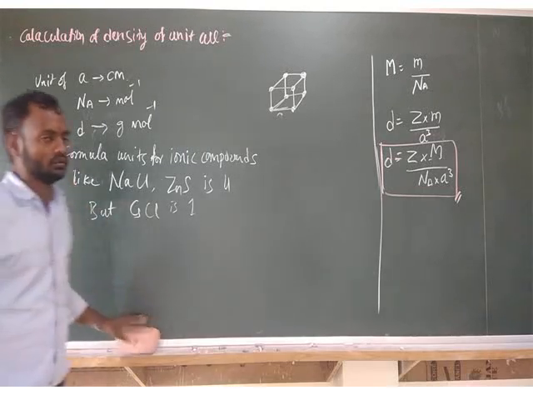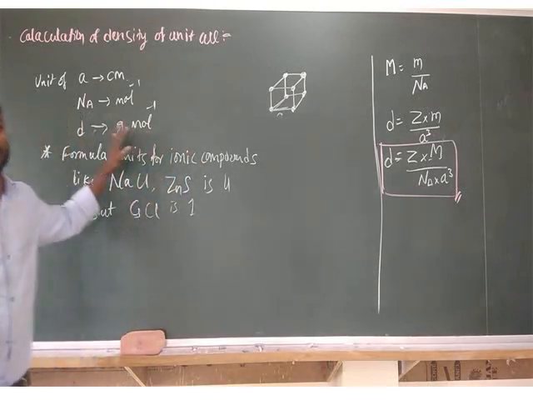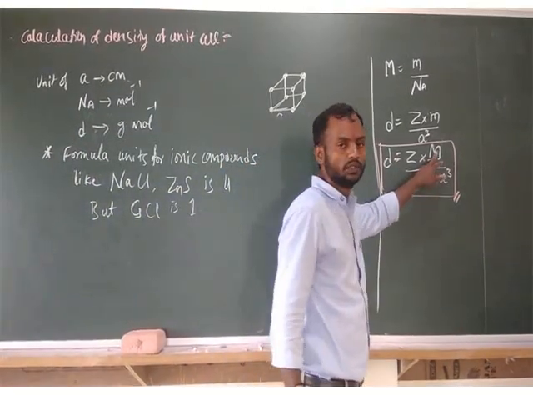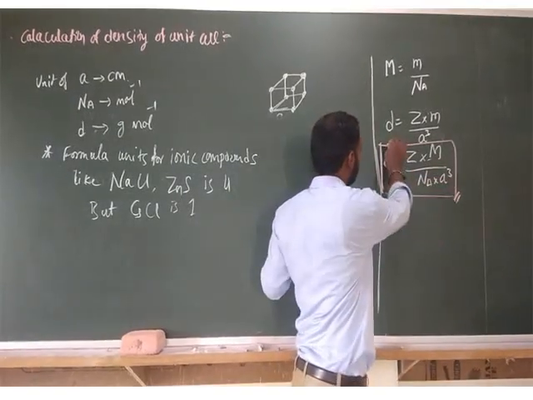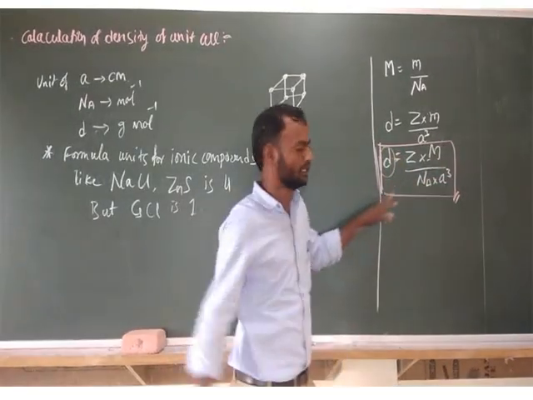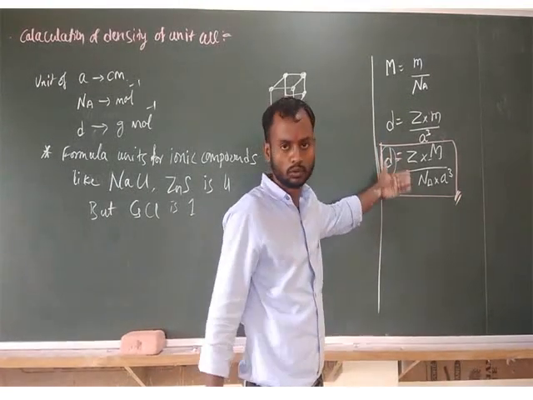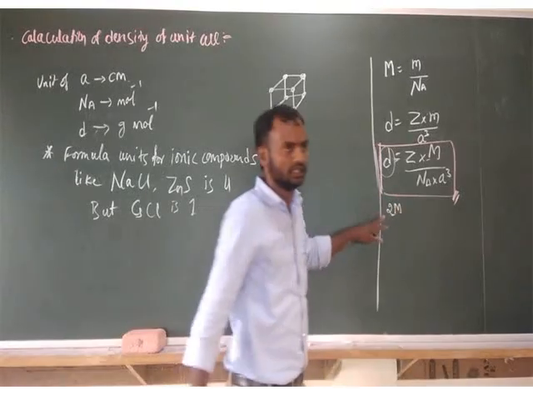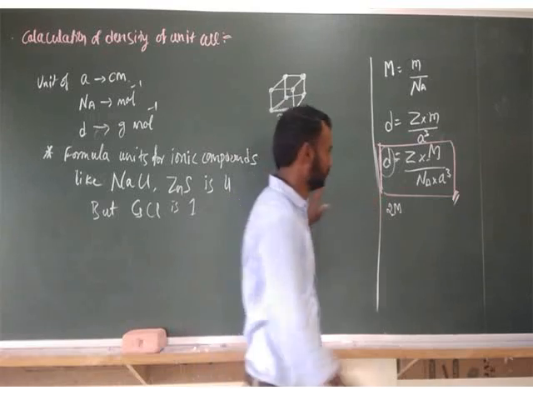Next, we are discussing the problems based upon this equation, D is equal to Z into M divided by Na into a cube, the calculation of density. This is a very important formula. For your board examination, this will be a 2 marks question in the annual question paper. So remember this formula, very easy.